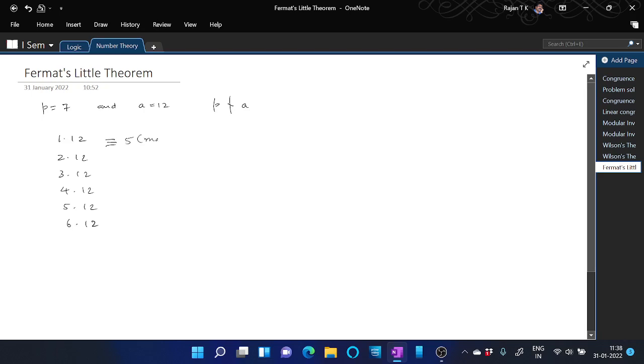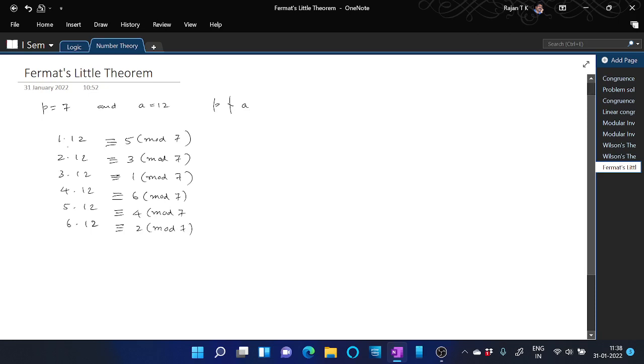5 mod 7, 2 into 12 is congruent to 3 mod 7, 3 into 12 is congruent to 1 mod 7, 4 into 12 is congruent to 6 mod 7, 5 into 12 is congruent to 4 mod 7, and 6 into 12 is congruent to 2 mod 7.